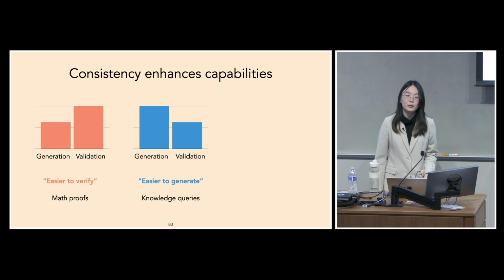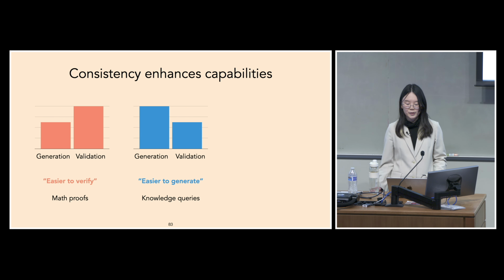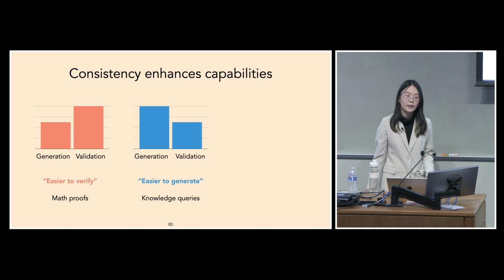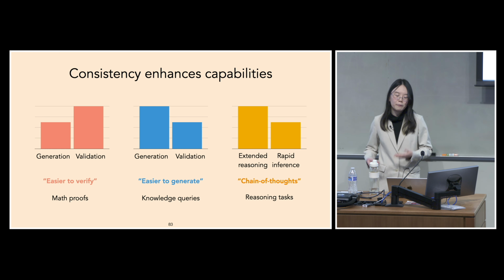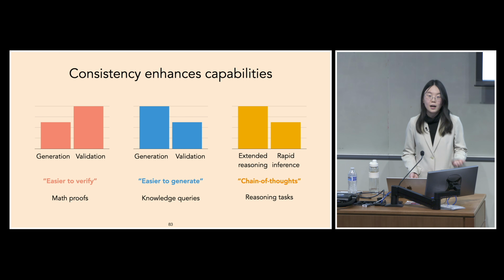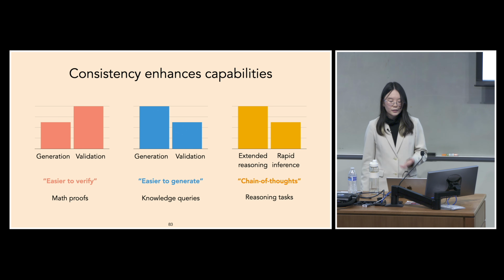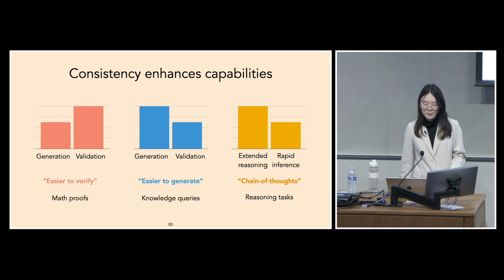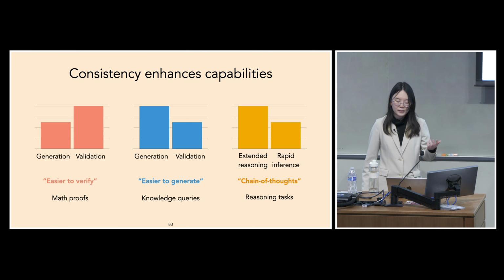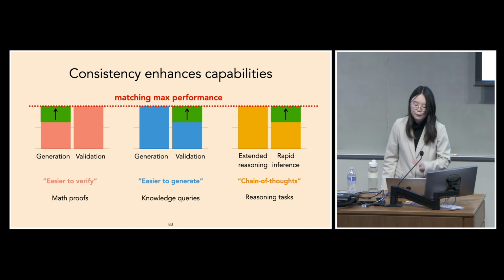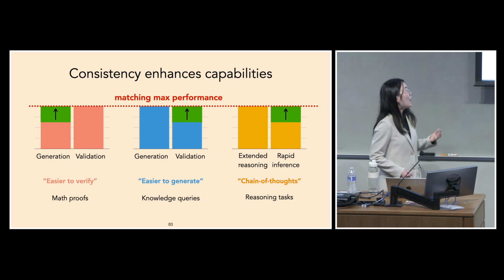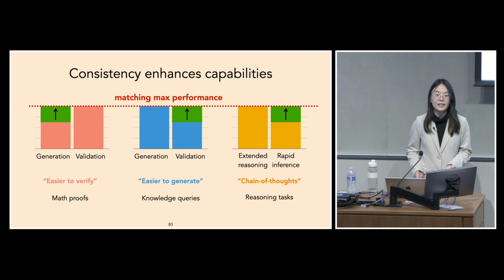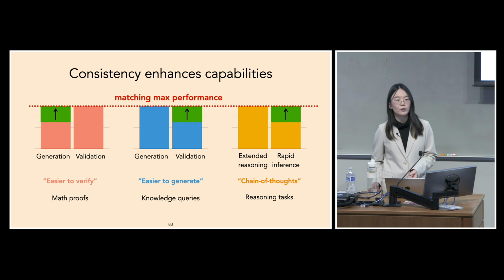Some tasks are easier to generate, such as knowledge queries, because it's closer to the pre-training distribution. Some tasks will benefit from very long chains of thought, like complex reasoning problems. So these all represent different perspectives of the same underlying problem, and enforcing consistency will help the weaker side improve, ultimately enhancing both sides and maximizing the capabilities of the models.